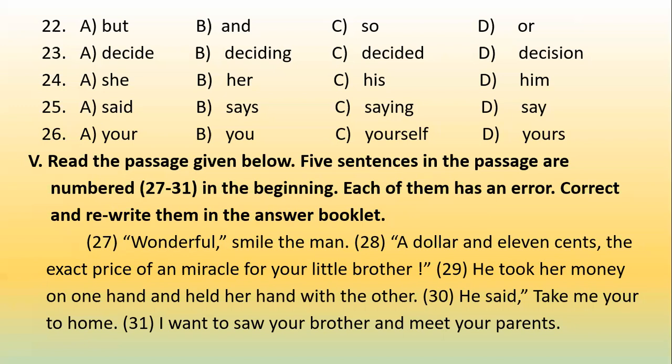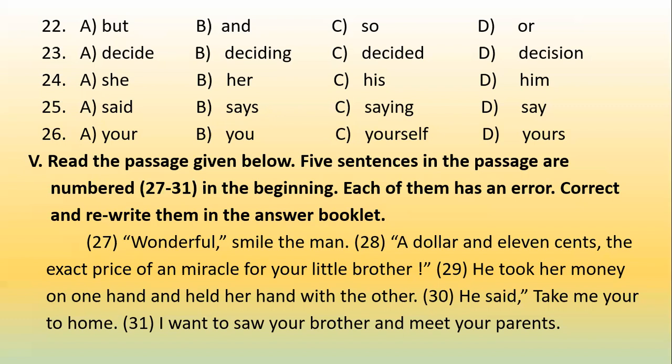Now, 29. He took her money on one hand and held her hand with the other. So what is the mistake over here? He took her money, preposition on one hand, no, it is wrong. In one hand and held her hand with the other. The whole sentence you have to write in your answer booklet, children. Then 30 number. He said, take me to home. Take me, you were to home.